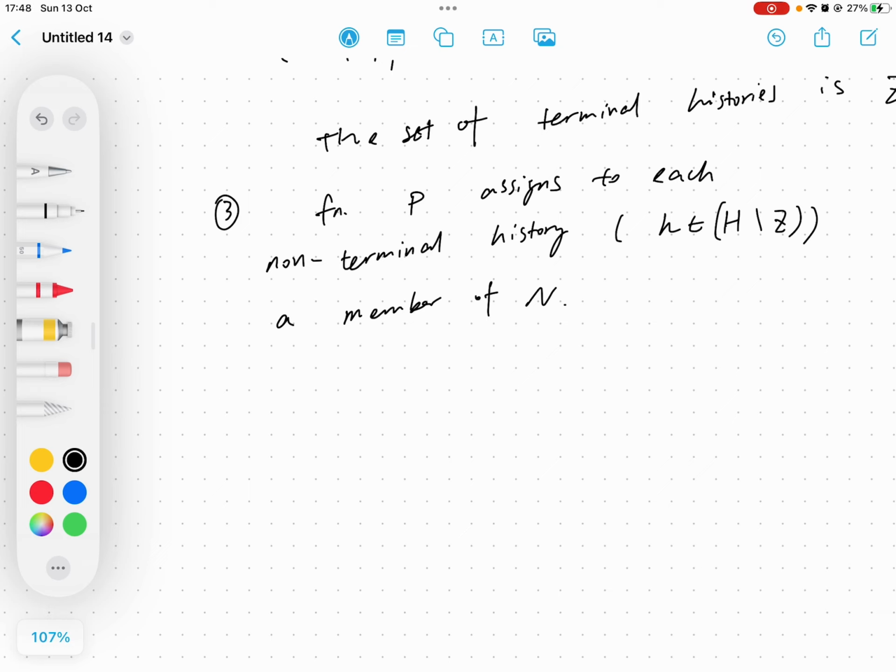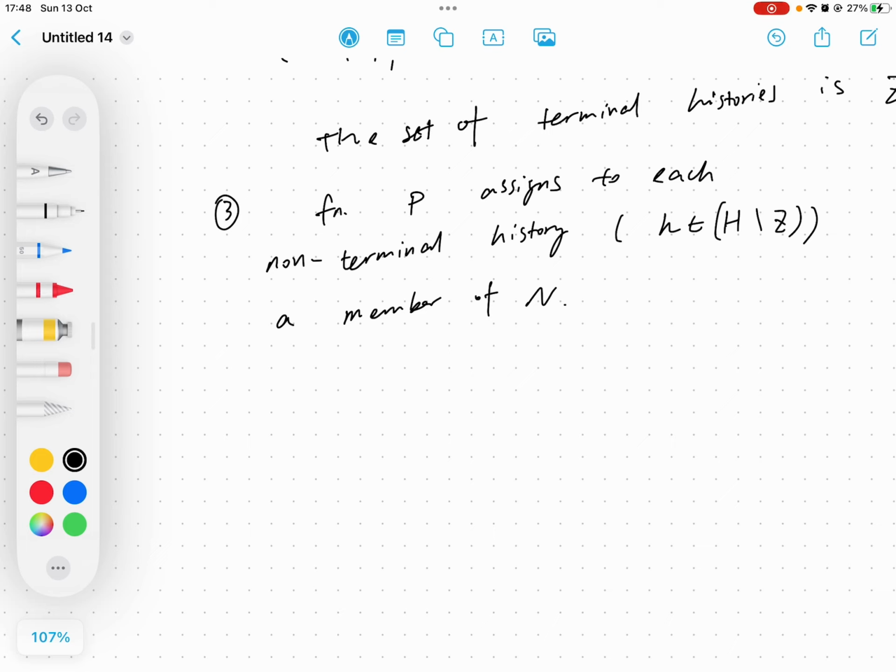So it means that after some history, or in the beginning of the game, some player has to move. So P simply assigns the node or the history to some player, meaning this player is going to play, right? That's essentially what it is doing here.